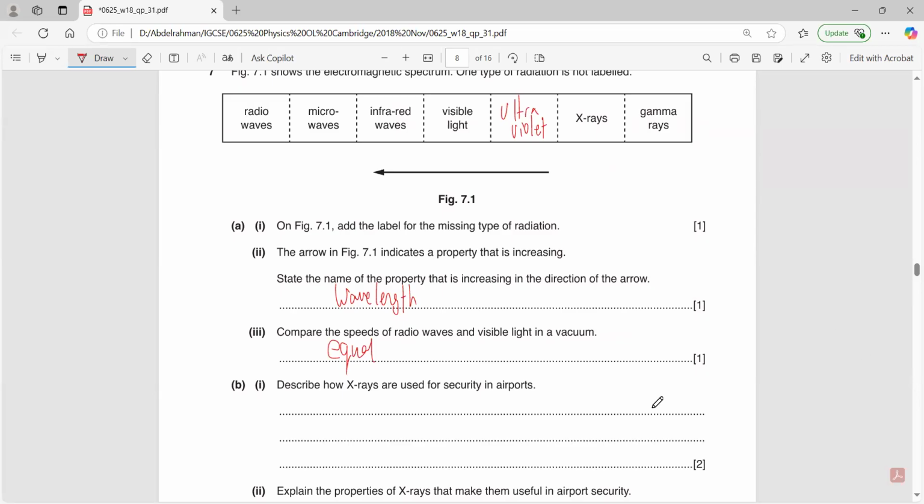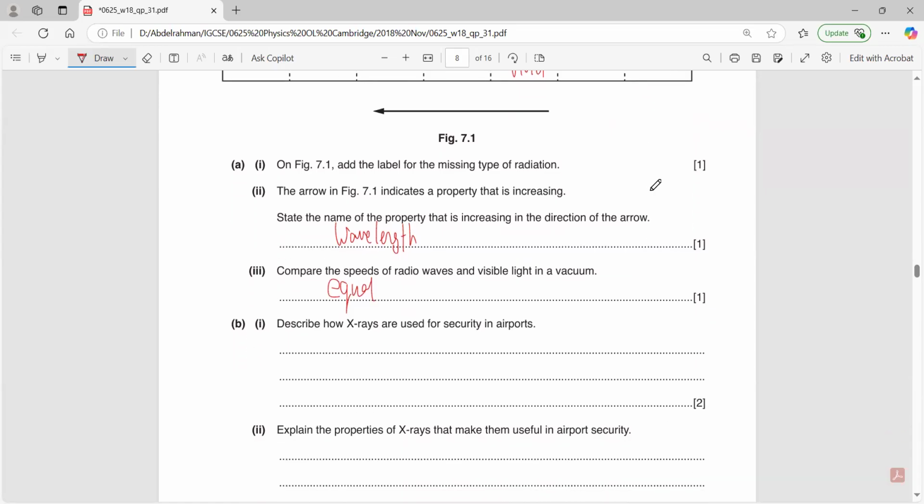Describe how X-rays are used for security in airports. We use them for the security checks. How do we use them? Quite simply, we can say that they are used to check bags or to check people.